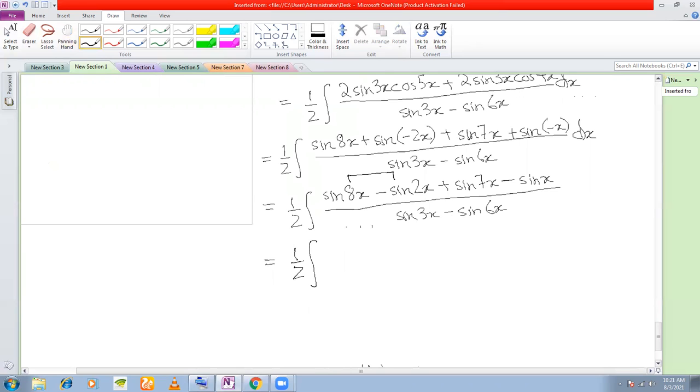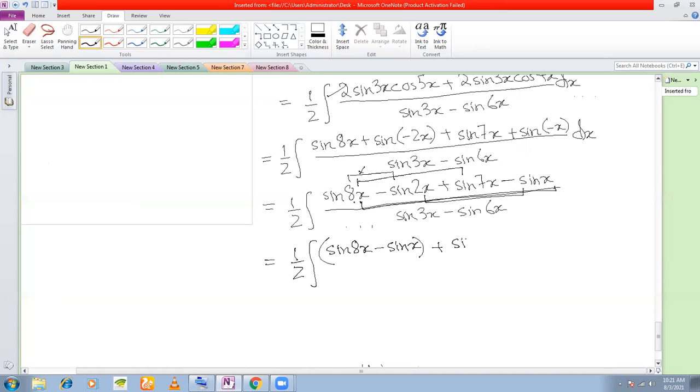We cannot take these two together because only in this step we changed this product to a sum. So which one should I take together? You can either take sine 8x and sine 7x together, or you can take these two also together. Or you can take sine 8x and sine x together and the other two together. Okay, so let's take sine 8x and x together. Sine 8x minus sine x. You can take the other one also.